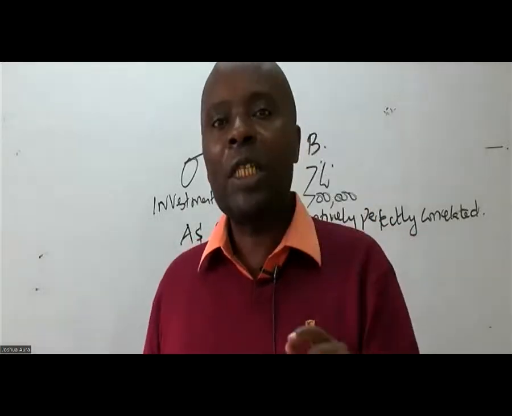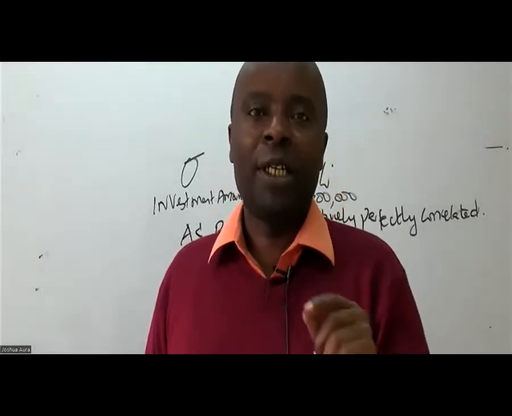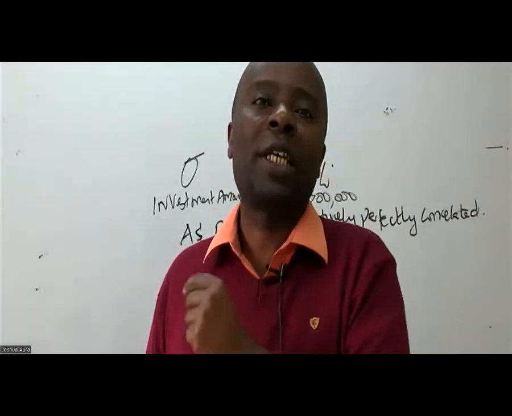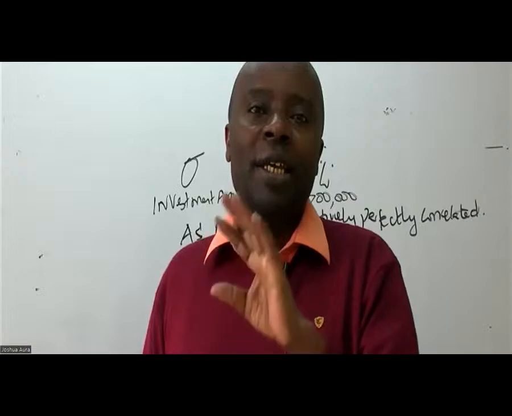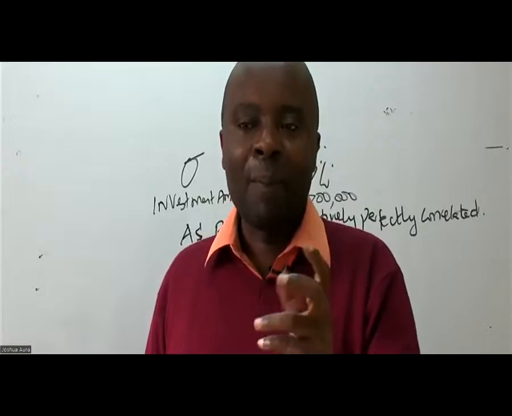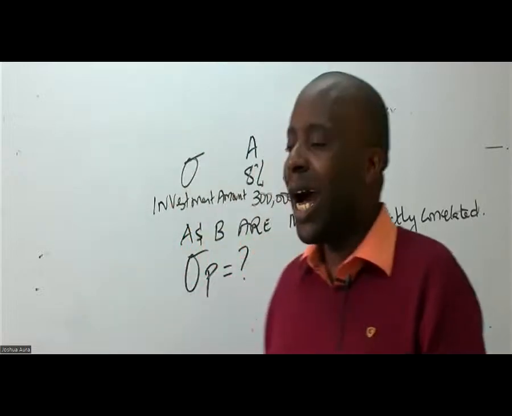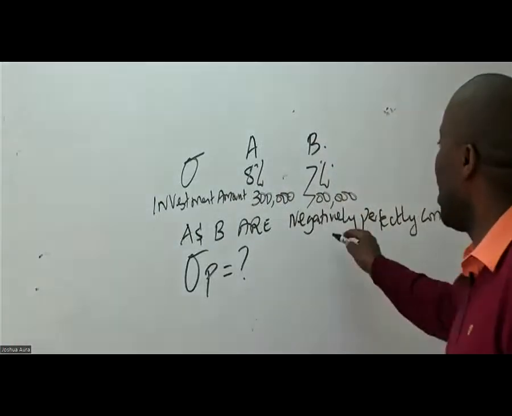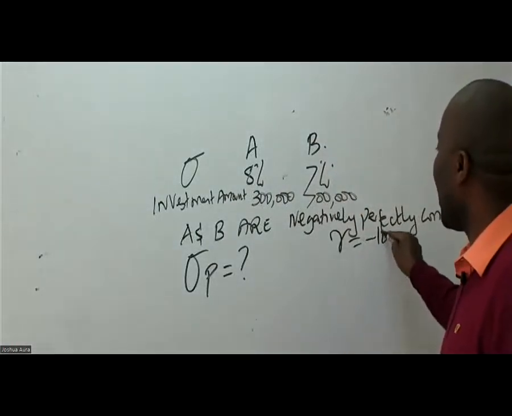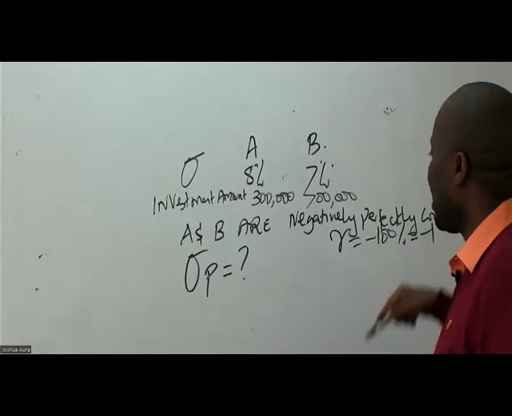But if they tell you that securities are perfectly negatively correlated, it's a perfect relationship, but in the opposite direction. So R here is supposed to be negative 100%, which is the same as negative 1.